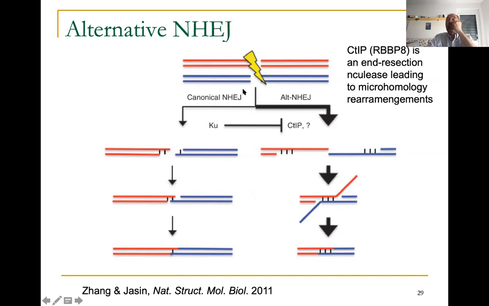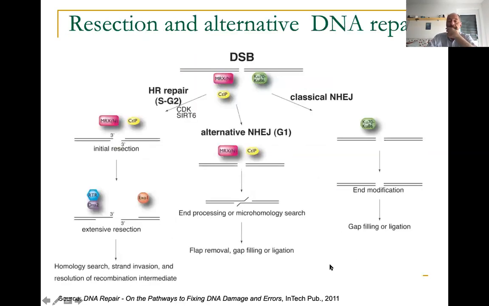So this alternative non-homologous end joining is now attracting a lot of attention. It's fairly recent. You see, this paper is from Maria Jasin at the Memorial Sloan Kettering in New York, is 2011. So it's coming quickly. And that's, you see, another example. Let's say that from the double-strand break you can have homologous recombination.